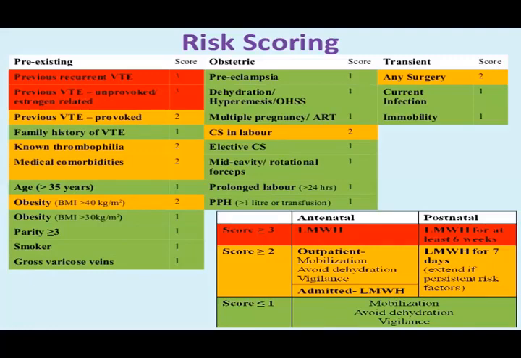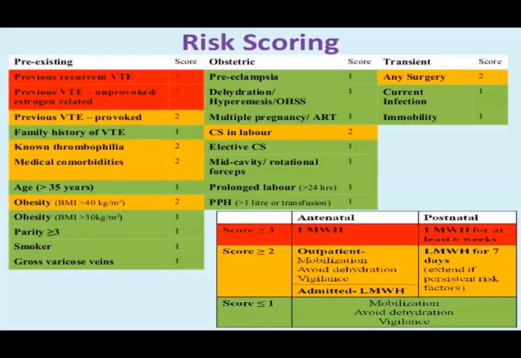And elective cesarean sections, mid-cavity forceps, or any instrumental delivery, because here we are at more risk of damage to the pelvic vessels, prolonged labor more than 24 hours, and postpartum hemorrhage are all risk factors for thrombosis. Any surgery, recurrent infections, and immobility as well.